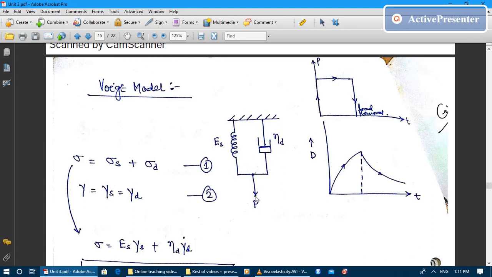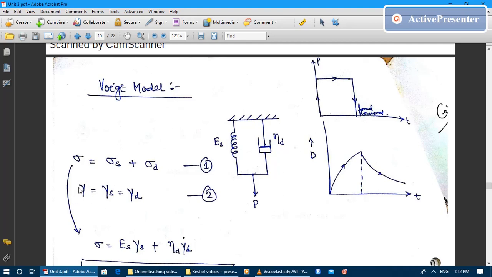We are applying load P, and the modulus of the spring is ES and the viscosity of the dashpot is eta d. Since both are connected in parallel, the deformation in the spring will be equal to the deformation in the dashpot. That means the strain in the spring is the same as the strain in the dashpot.